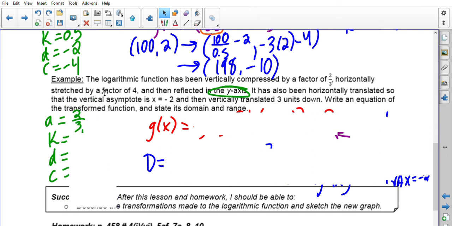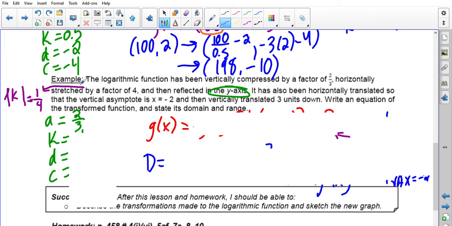Because it was horizontally stretched by a factor of 4, that means the absolute value of k must be equal to 1 over 4.